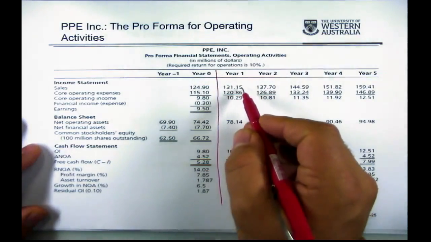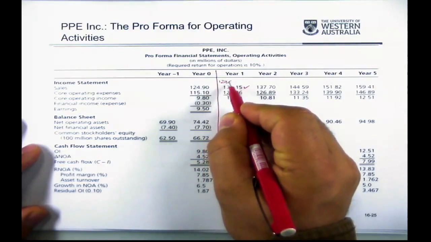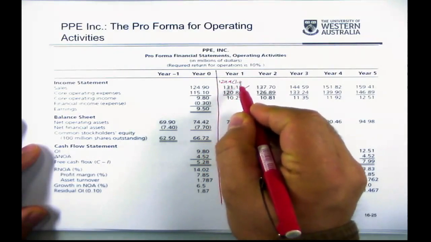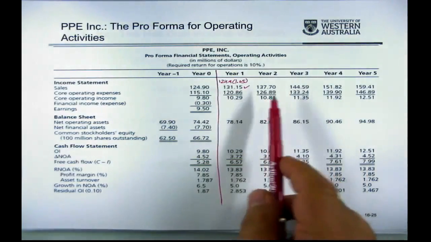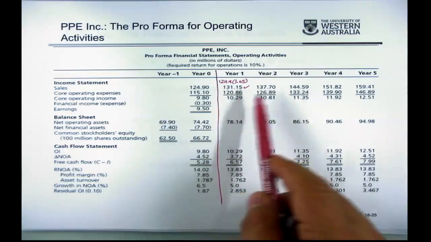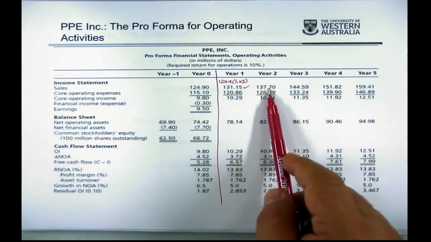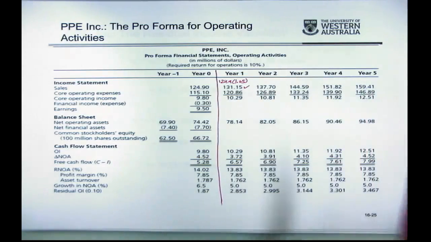So sales in this year was 124.9 times 1.05, the growth rate. We do the same here. This one is this figure times 1 plus the growth rate. This one is equal to this, times 1 plus the growth rate. Make sense? Sales in any year in the future is equal to the former year's sales times 1 plus the growth rate.